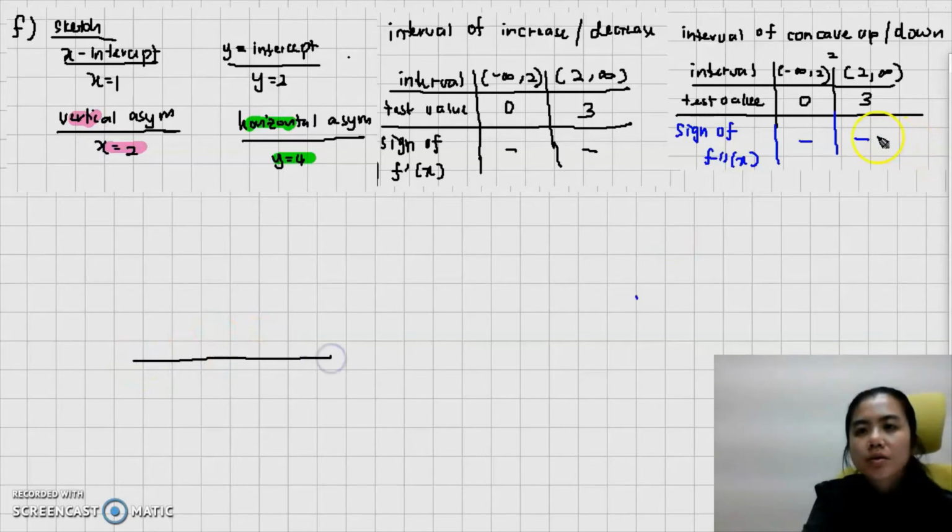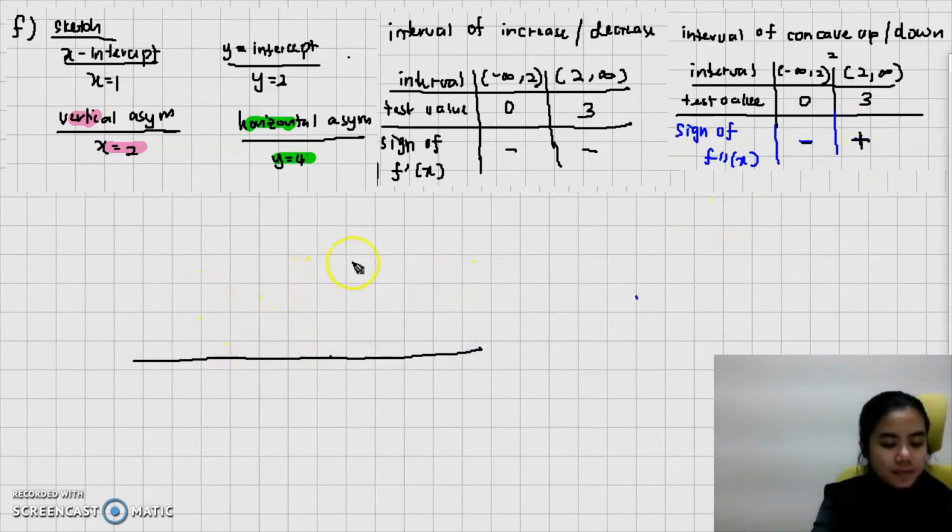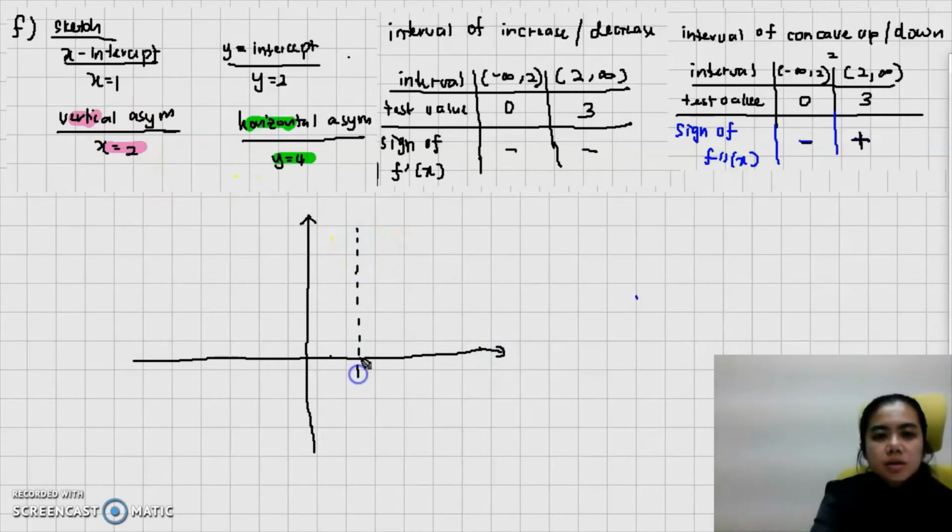Okay, there's a plus sign. Okay, there's a minus sign. So in here, let's draw first. You have your vertical asymptote that cuts at x equal to 2, so that is roughly here.